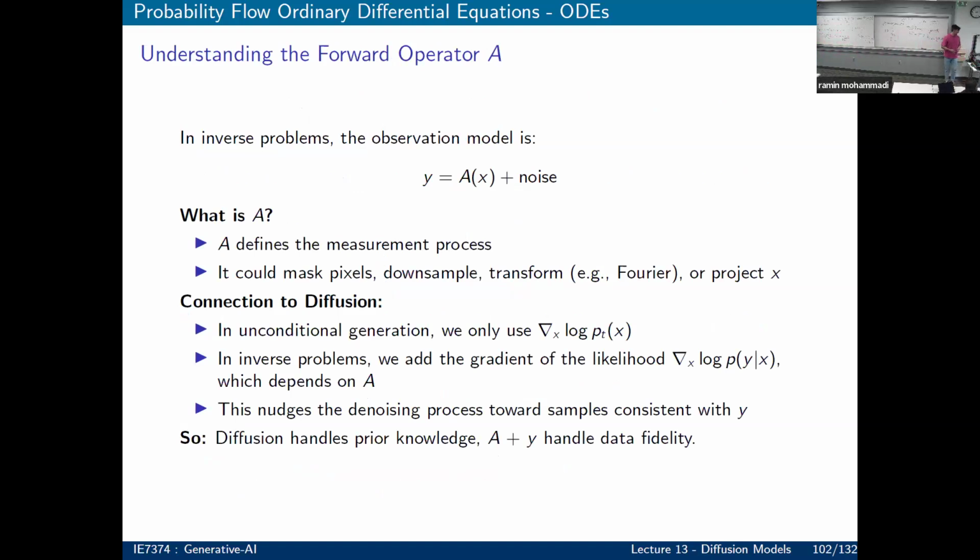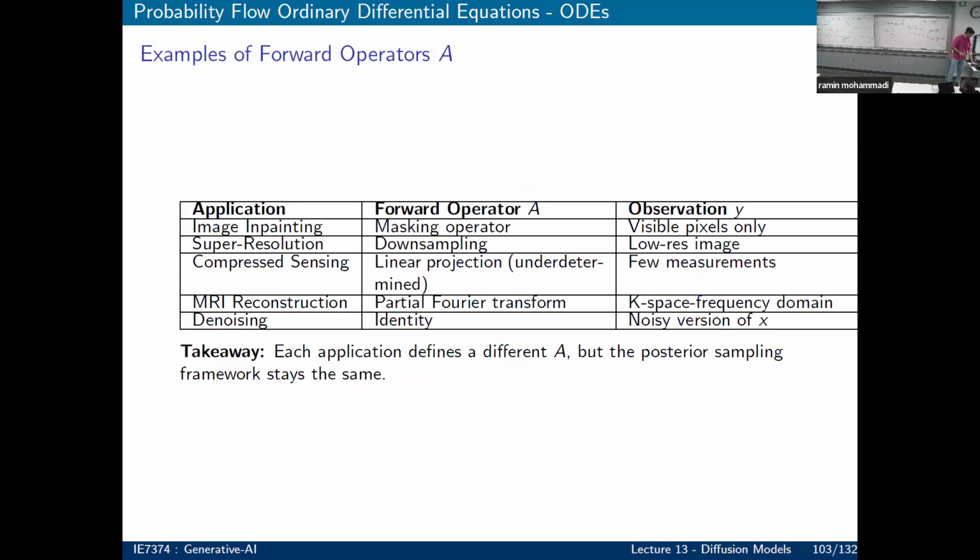So now, what is A? Again, A is just some function that transforms your image. It could be a Fourier transform, masking pixels, downsampling, or anything. These are just examples of function A that you can use: masking, downsampling, linear projection, partial Fourier identity.